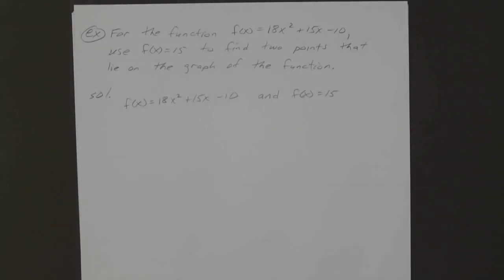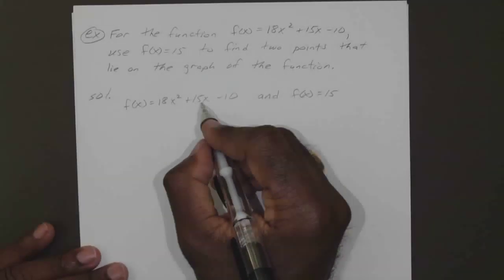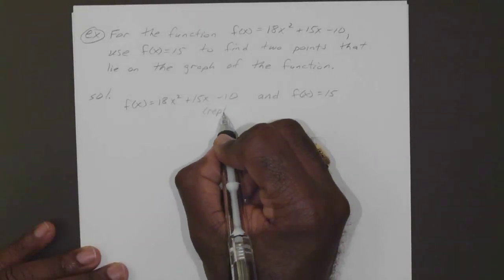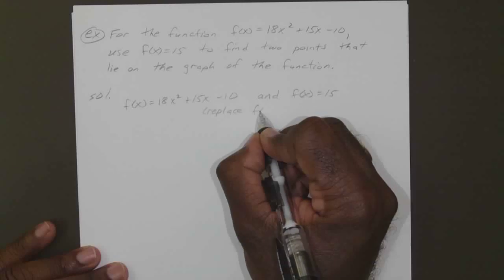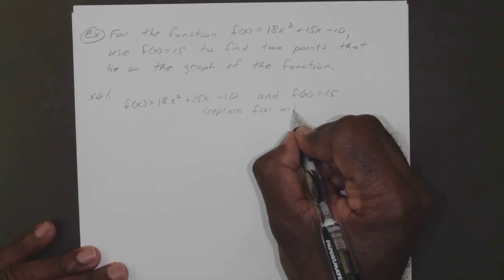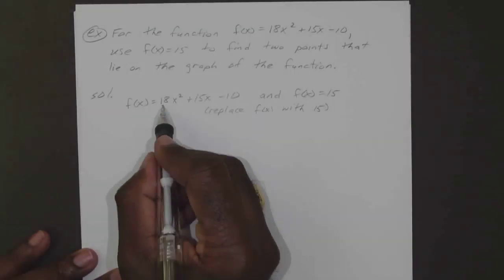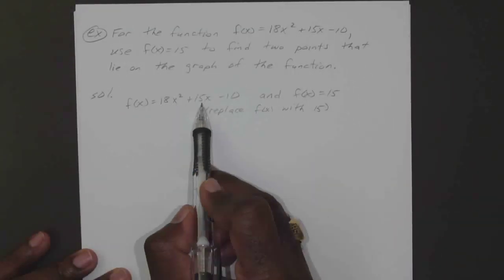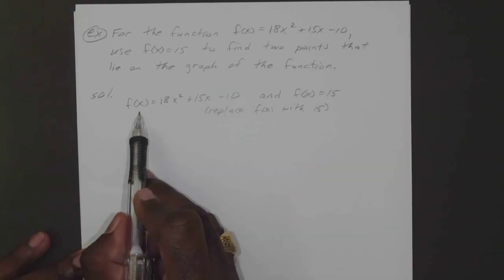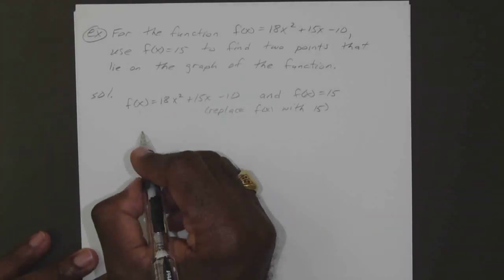So just replace f of x with 15, and it kind of combines the two. Okay, so that gives us 18x squared plus 15x minus 10 equals 15.